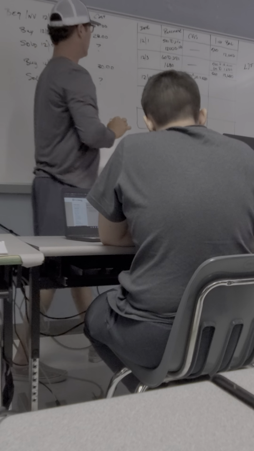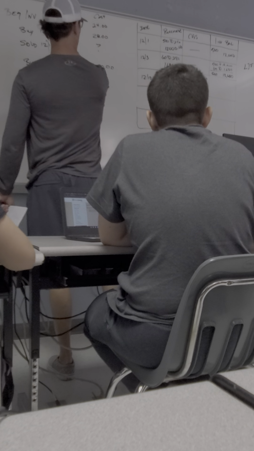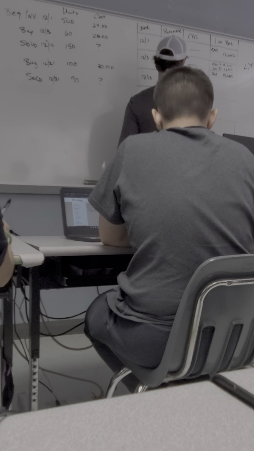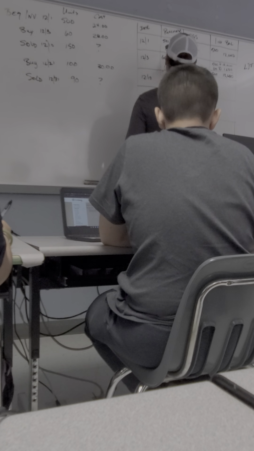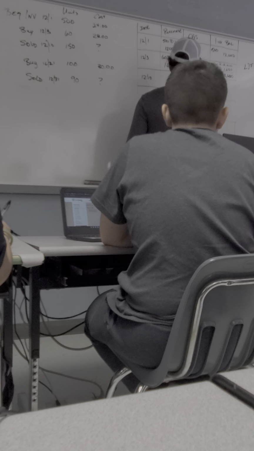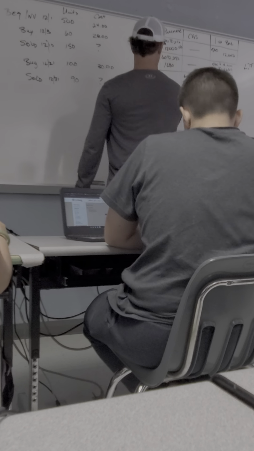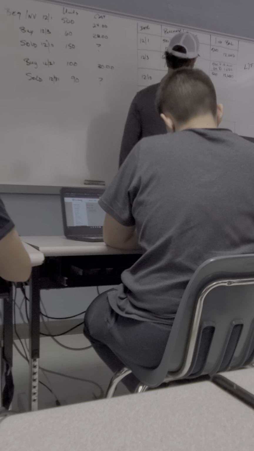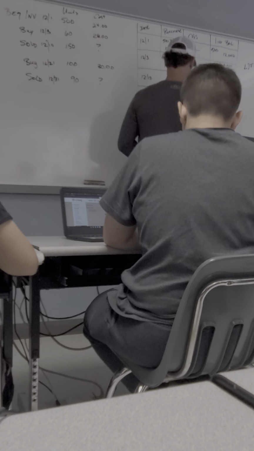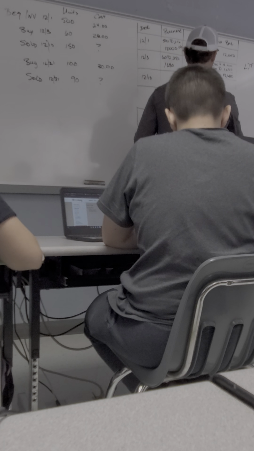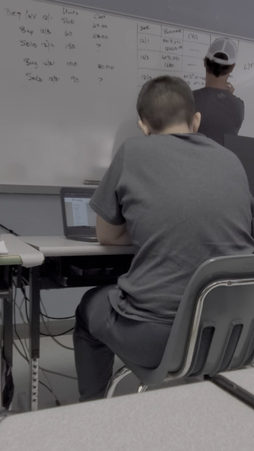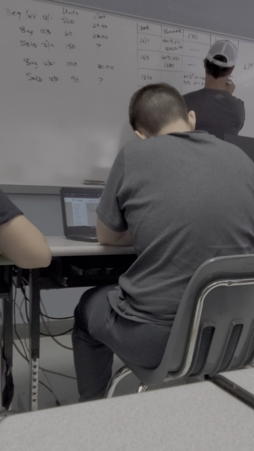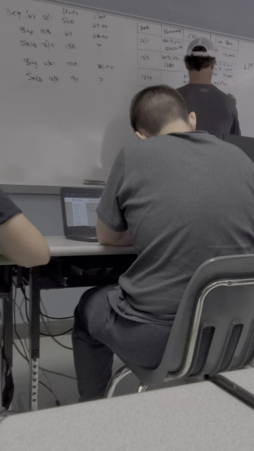We sold 150, so how much more do we need? 90. Then I have to take 90 of the 500, and those were at 24. What's 90 times 24? 2,160. Yep. So that leaves us with 410 left, 410 at 24 dollars, which is 9,840.